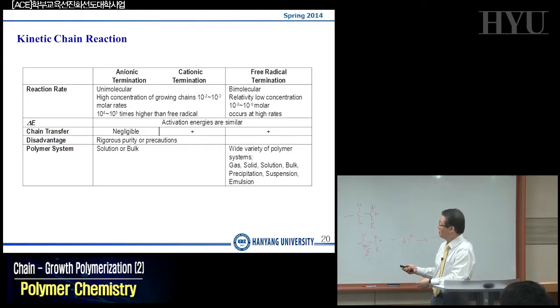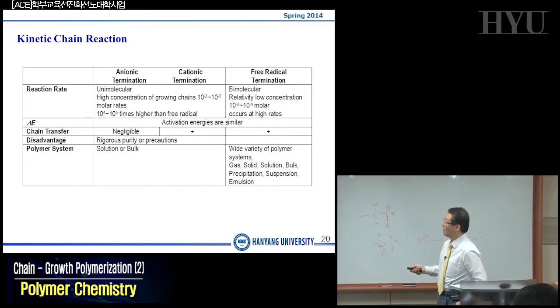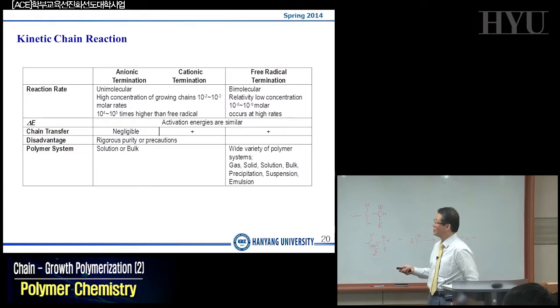Chain transfer always occurs in the case of free radical polymerization reactions, so you should be very careful. Whereas in anionic polymerization, there is no chain transfer reaction unless you add water as a terminating species. One of the disadvantages of ionic polymerization is that the purity of your monomer and the purity of your solvent, particularly the presence of water, are very important.